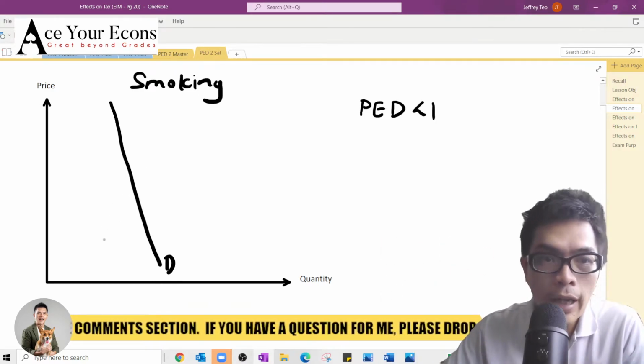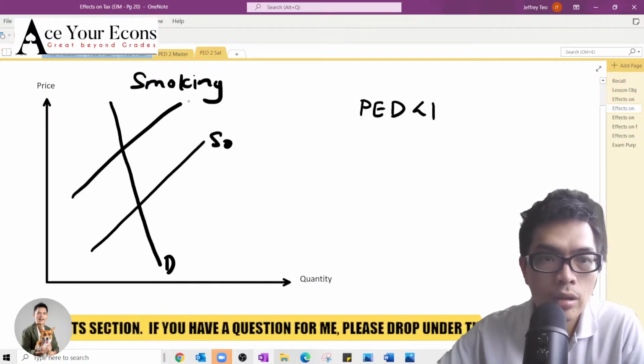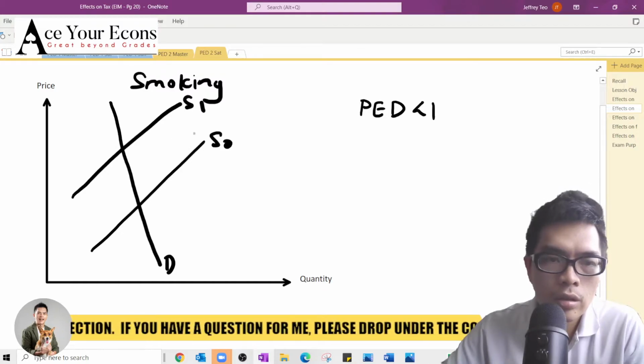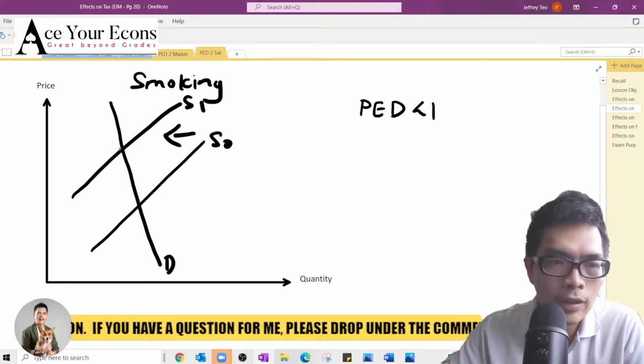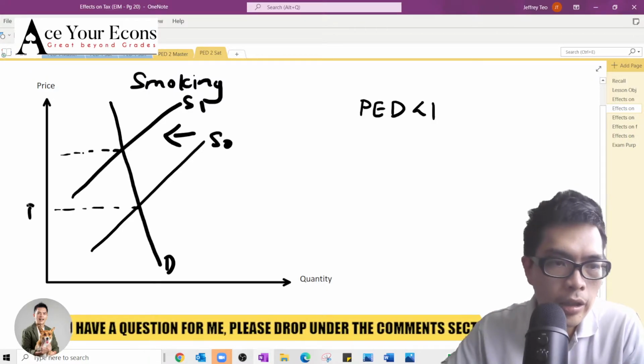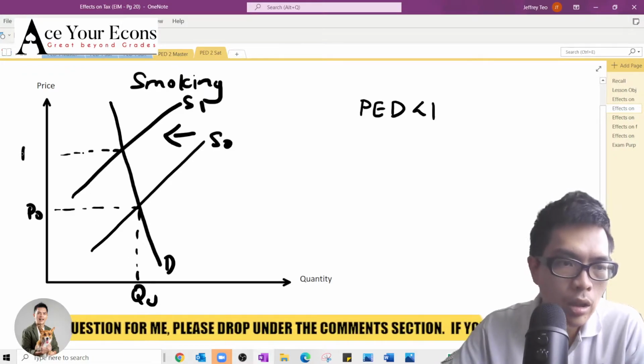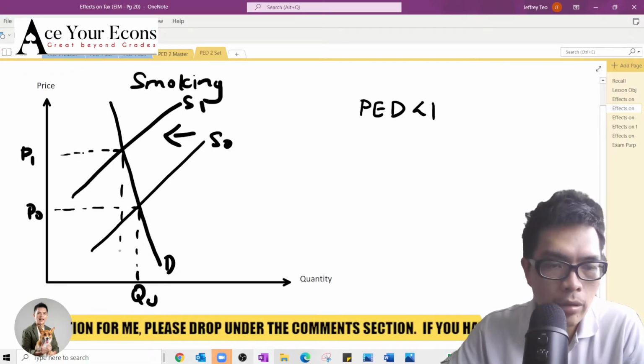So we know that a tax is going to drive up your production costs. I want you all to identify this. This is your initial price and quantity. Final price and final quantity.